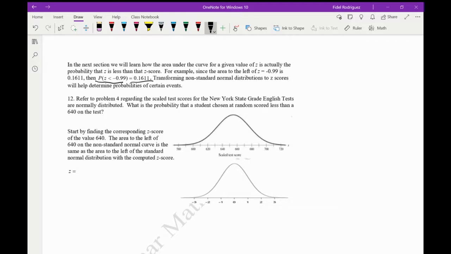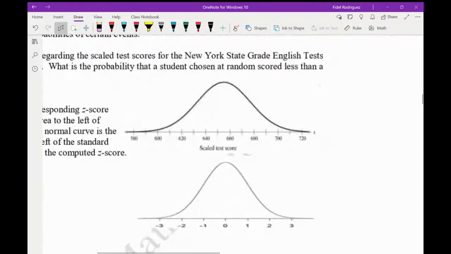Transforming non-standard normal distributions to z-scores will help determine the probabilities of certain events. It says, refer to problem 4 regarding the scaled test scores for the New York State grade English tests, which are normally distributed. What's the probability that a student chosen at random scored less than a 640 on the test? I'm going to show you what I mean. If you remember, guys, this was the same problem we did earlier. Remember when we found our average? We said this here was 650.